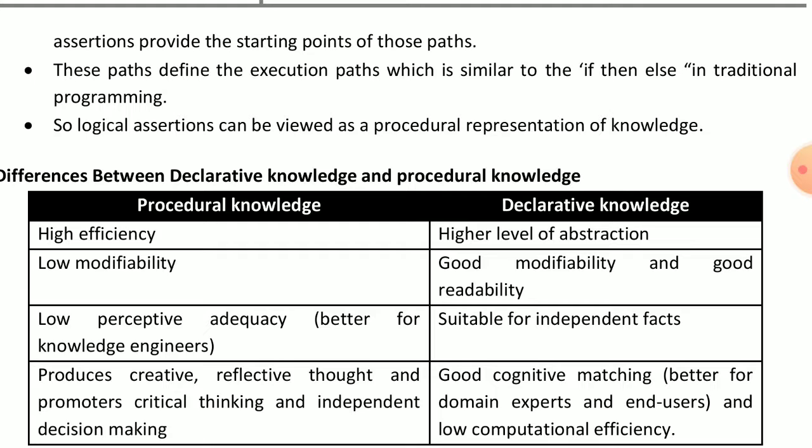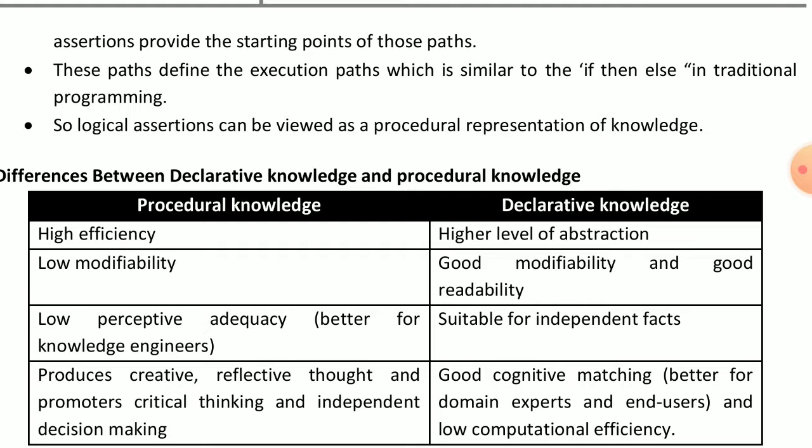These paths define the execution paths, which is similar to the if-then-else in traditional programming. In these execution paths, we can take the possibilities: if some condition, then else some other condition.